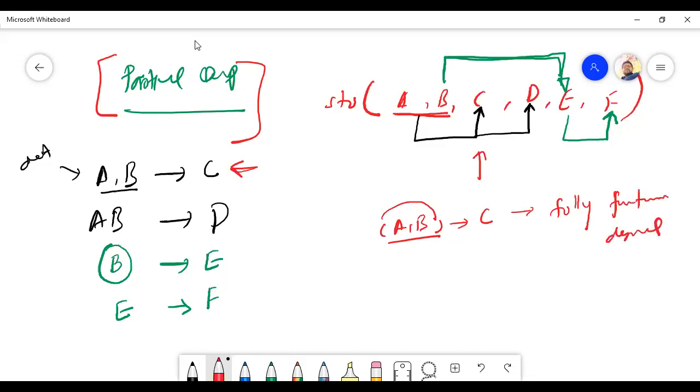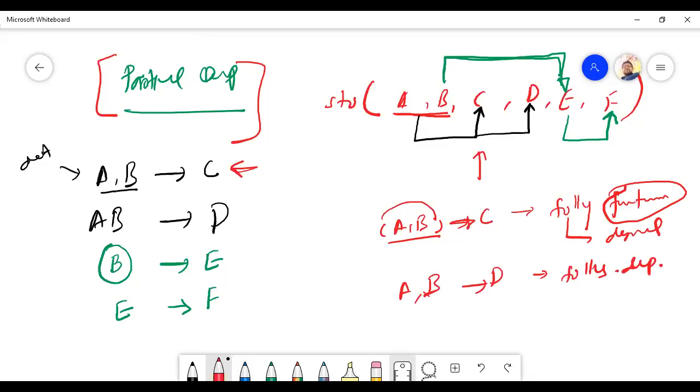Now hereafter we just use the word fully dependent. If you take the D, it is depending on A and B. Then this is also fully dependent.